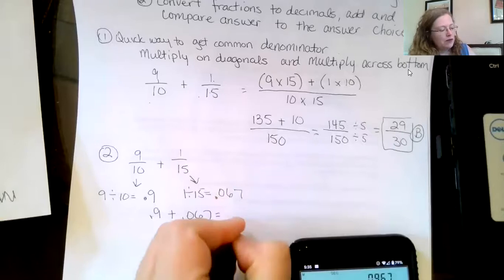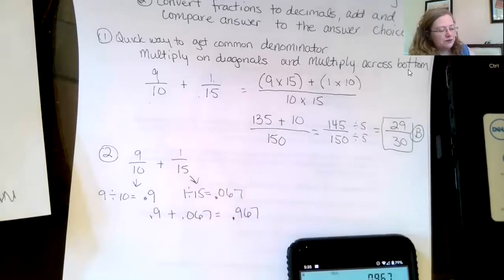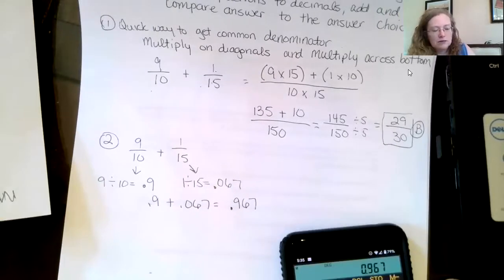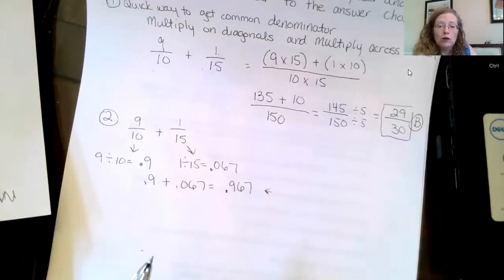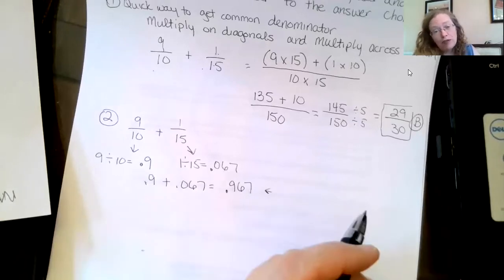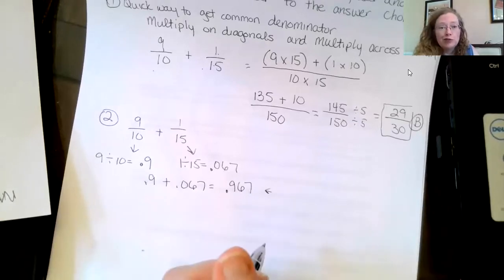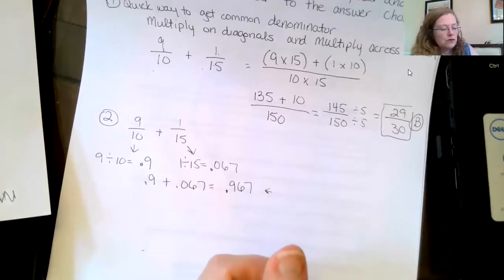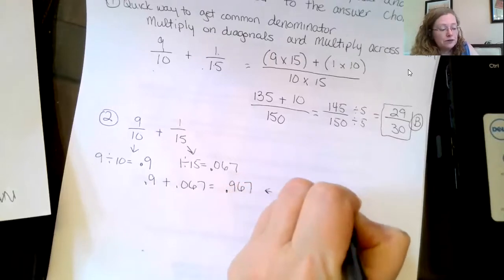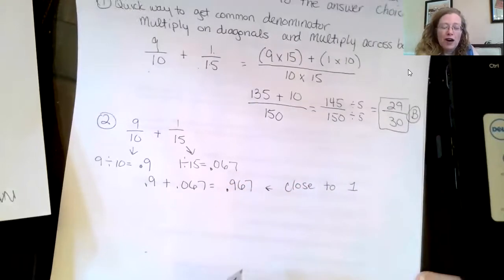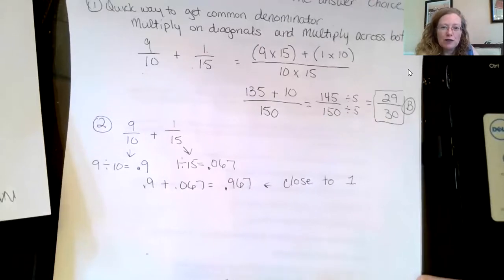All right, well, let's think about this answer. What's it close to? Is it close to 1, or 1/2, 3/4, 1/4, 2/3, 1/3? It's close to 1. Well, how do I have a fraction that's close to 1?